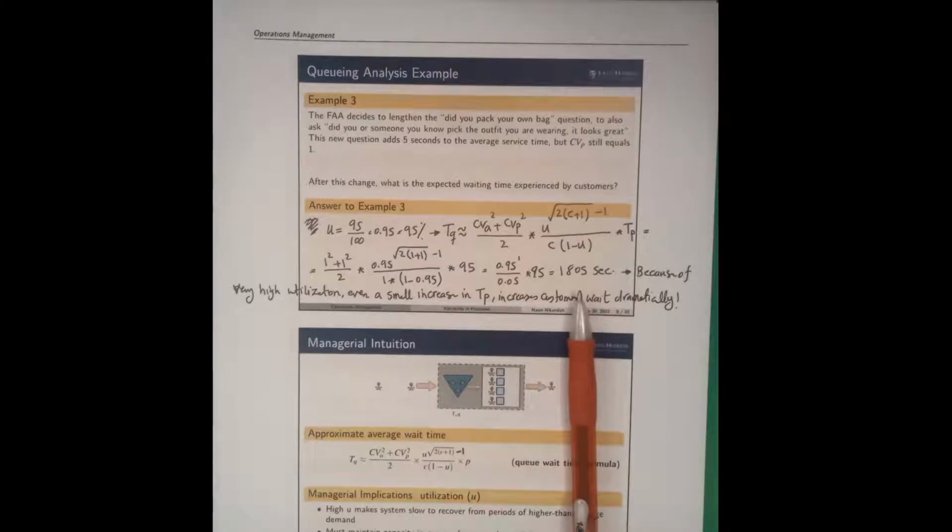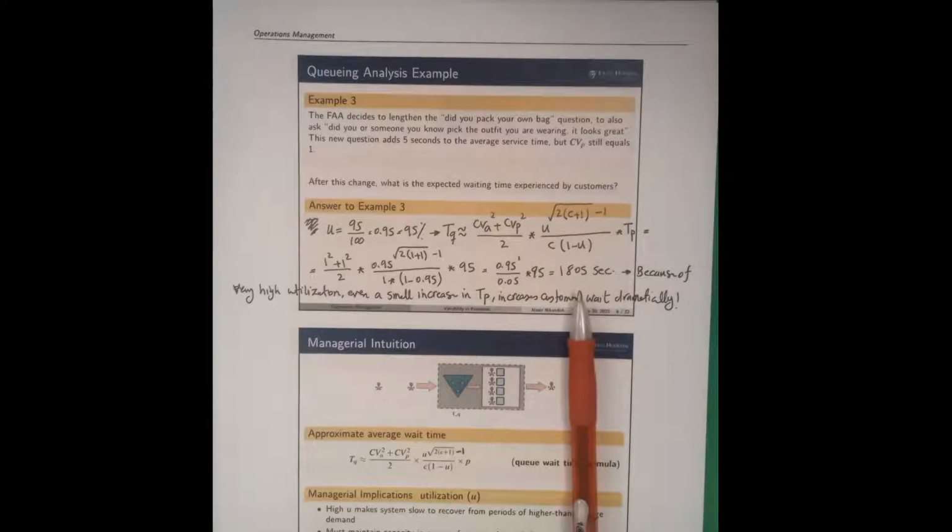Why is that the case? It's simply because we are operating at a very high utilization. Utilization was high to begin with. It was 90%. Now my utilization is 95%. A tiny bit of increase in processing time, from 90 to 95%, is going to increase my wait time and number of people in line.